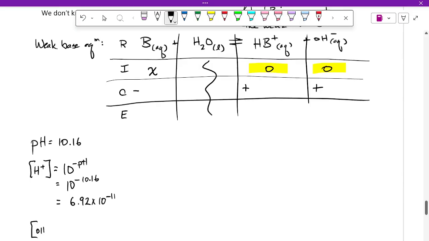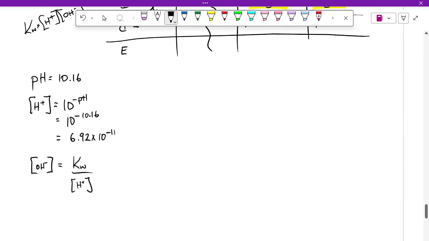Hydroxide then is equal to, if you remember, Kw is hydrogen times hydroxide. So OH is going to be Kw divided by hydrogen, which is 1.0 times 10 to the negative 14 divided by 6.92 times 10 to the negative 11.